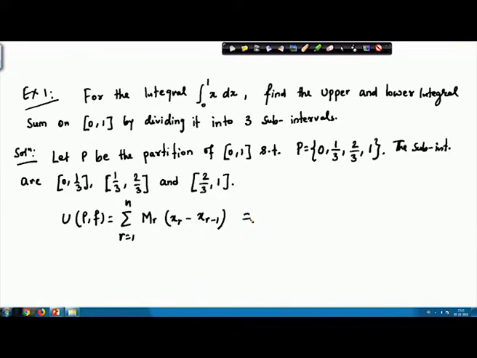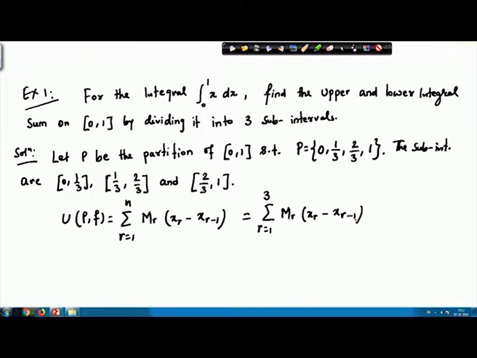Since n is the number of subintervals, and in our case n is 3, because we have 3 subintervals, r will be running from 1 to 3, of capital Mr times (xr minus xr minus 1).